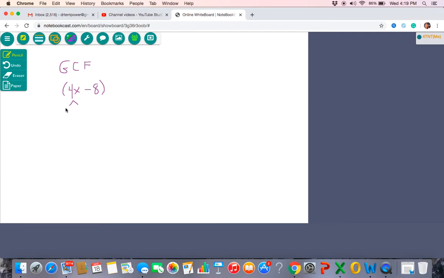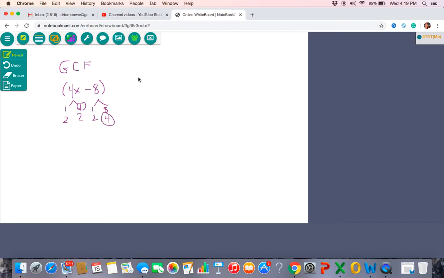And this one has 1 and 4 and 2 and 2. And this one, just so you can see, I hope you can already see it, is 1 and 8 and 2 and 4. And I can already see that their greatest common factor is going to be 4.